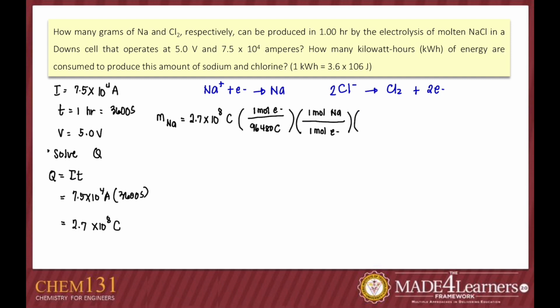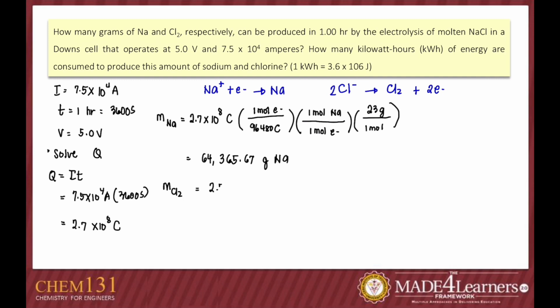And for sodium, the atomic mass is 23 grams for every 1 mole. Okay, and computing, we will be able to get around 64,365.67 grams of sodium.